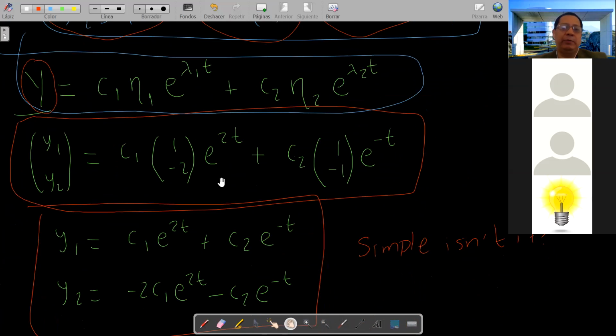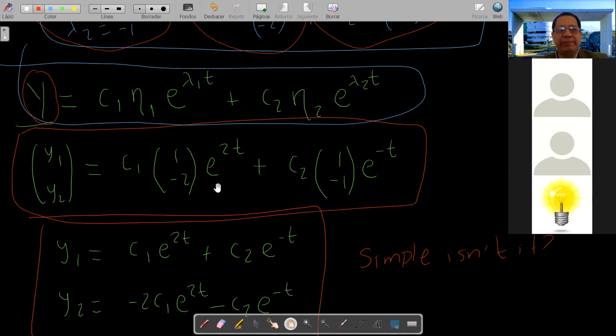And we just replace our eigenvectors. In this case, the eigenvector 1 is 1 and negative 2, and the eigenvector 2 is 1 and negative 1, and we use lambda 1 and lambda 2, our eigenvalues, and then here we have our solution.